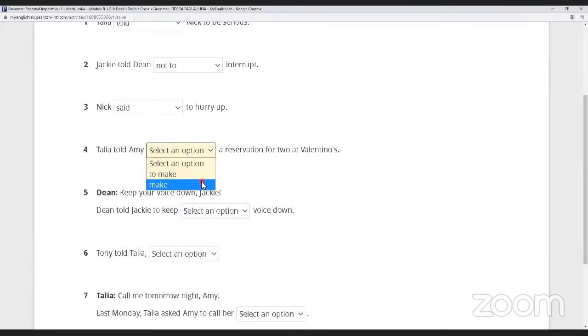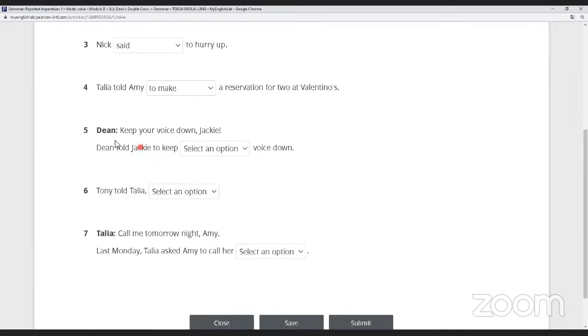The second one, make? Yes. And Talia told Amy, and where is the structure? Where is the infinitive? If we're gonna use the reported, don't forget that we use the infinitive. So it's to make. Okay.